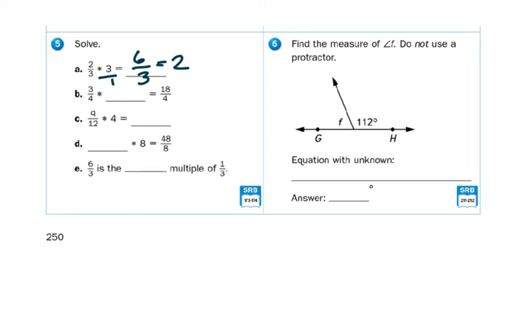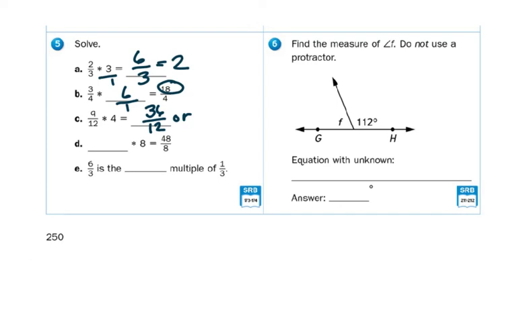What number times 3 would give me 18? 6. And I could do 6 over 1 or just write 6. Letter C, 9/12 times 4. 9 times 4 is 36, and we keep 12s the same. We can rename that as a whole number.